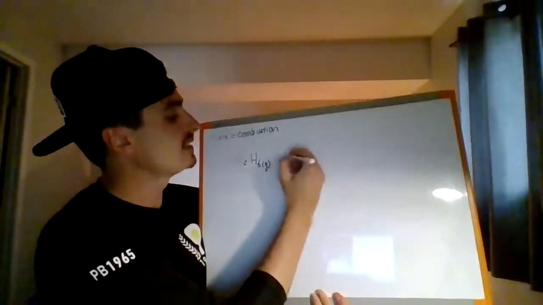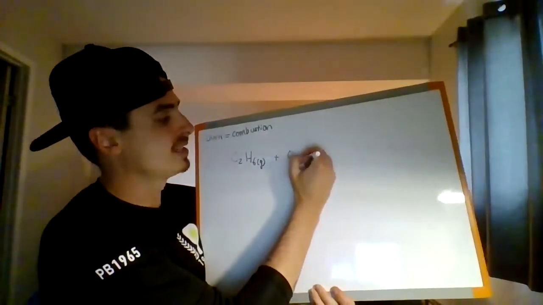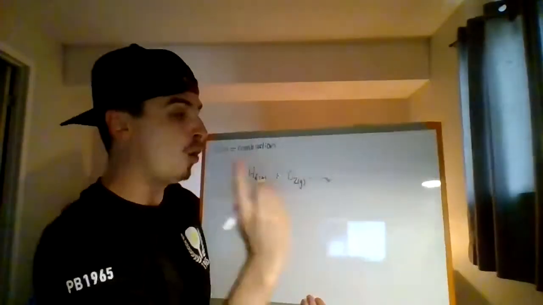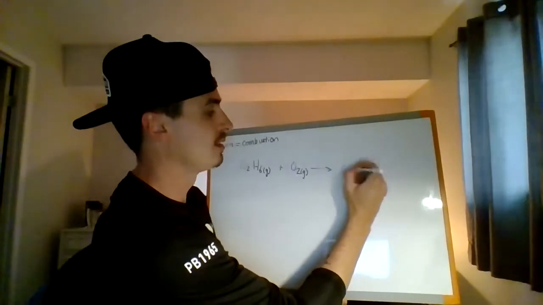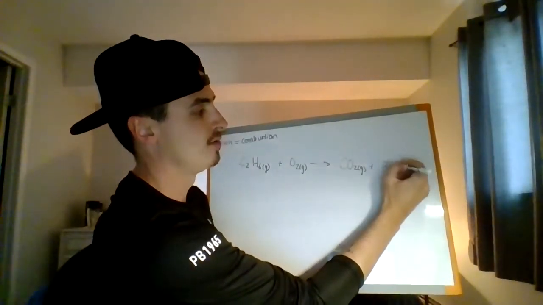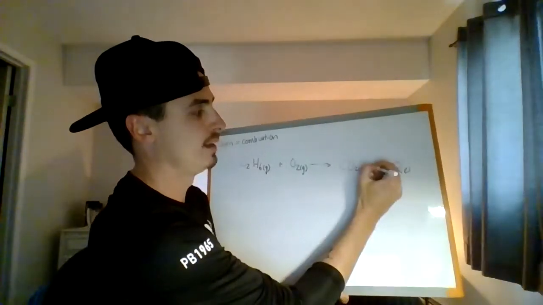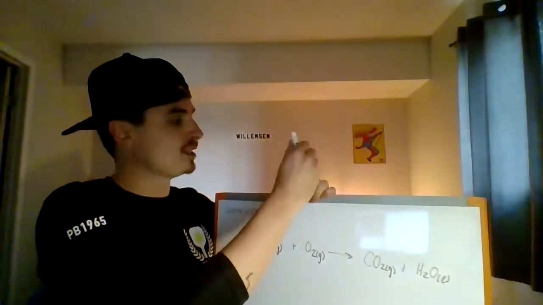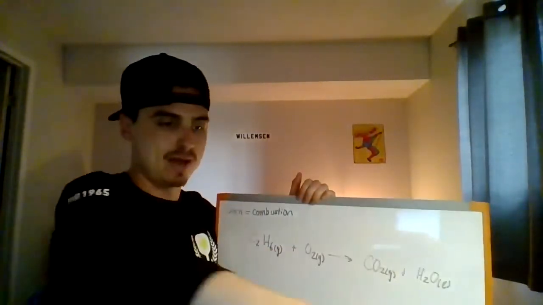I'm reacting that with oxygen, gas, O2, okay, it's diatomic, and I'm always producing in combustion carbon dioxide and water vapor. Always, always, always, okay? So I have my equation, but it is not balanced, okay?